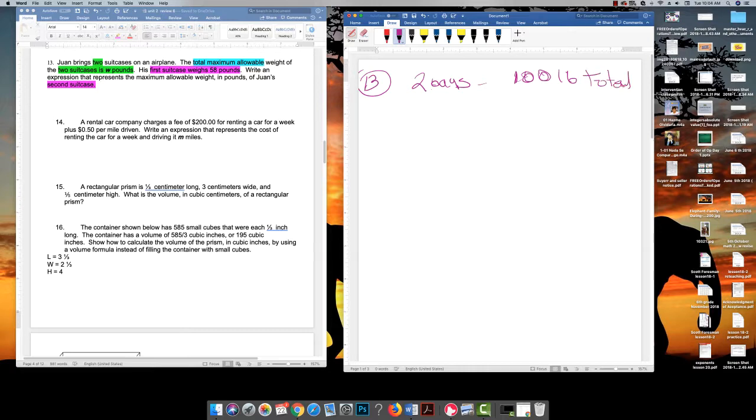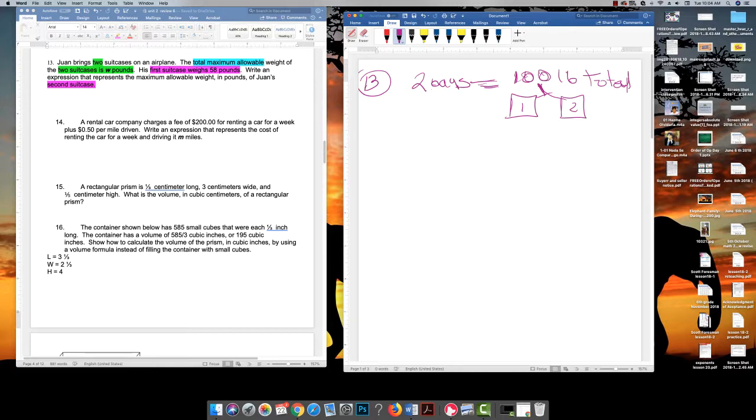So that means your 2 bags total weight combined. So that means bag number 1, bag number 2, total has to equal 100. So that you can put it on in the plane.